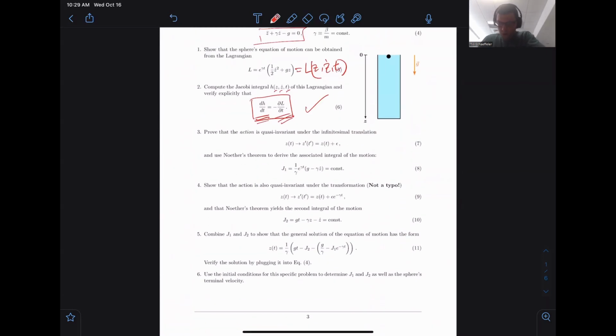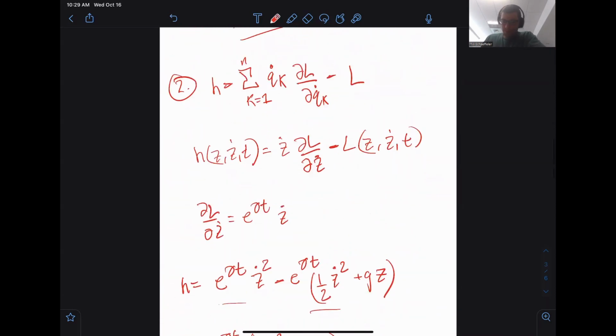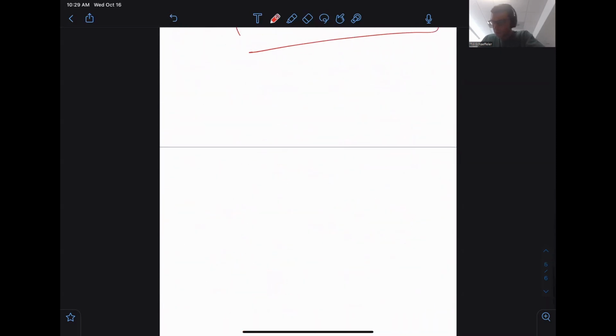Okay, moving on. Number 3, prove that the action is quasi-invariant under the infinitesimal translation z goes to z prime, which is equal to z plus epsilon.